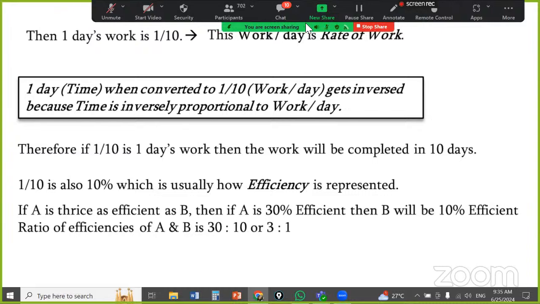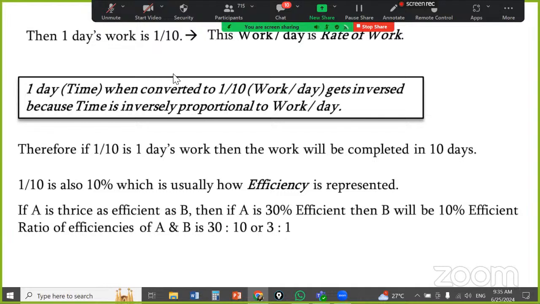So for example, it is given that we have a person and that person can complete a work, whatever it might be, like constructing a wall or stacking the bricks. This is the work that has to be done. So that particular person can complete the work given to him in 10 days. To complete this task, he takes 10 days.